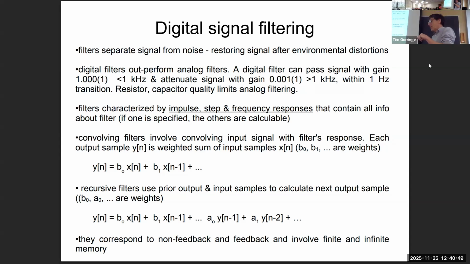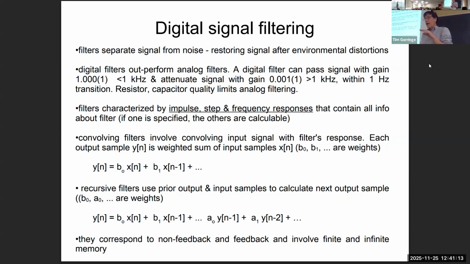When we talk about filters, there are several ways that you can characterize them. We're going to look at these different ways of characterizing them. You can characterize them by their frequency response. You can characterize them also by their impulse and their step responses.